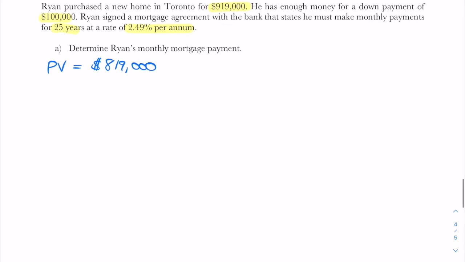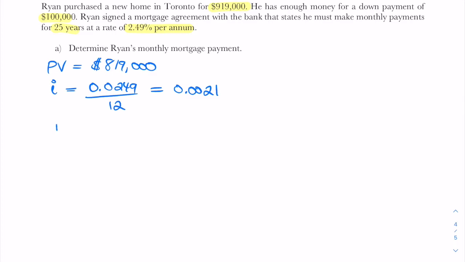The interest rate per compounding period will be the annual rate of 2.49% divided by 12 because we're making monthly payments. That equates to roughly 0.0021. This is the interest rate per compounding period.